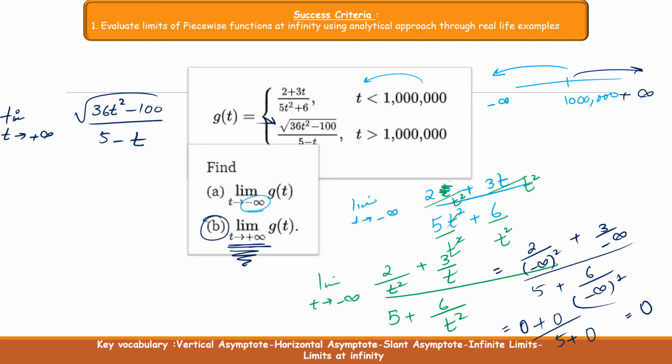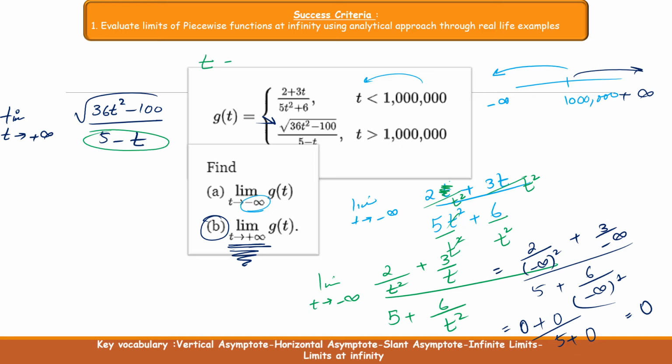Here in the numerator there is a square root, but in the denominator there is no square root. But in all cases we have to focus on the denominator to pick the variable with the highest degree. So t is the variable with the highest degree.